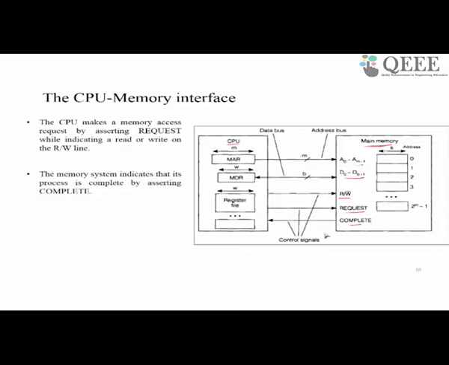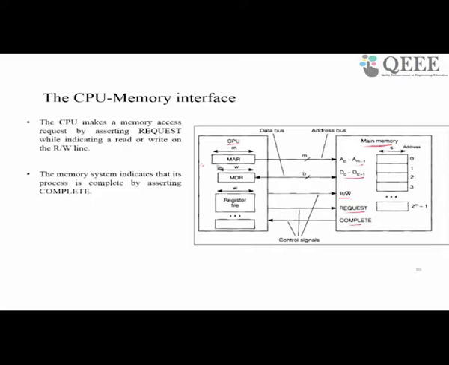Within the CPU, the address has to be placed on the address bus, which is interfaced with the memory. For this, it uses a register called the memory address register, or MAR. The MAR holds the address which will be placed on the address bus, from which the read or write operation will happen.